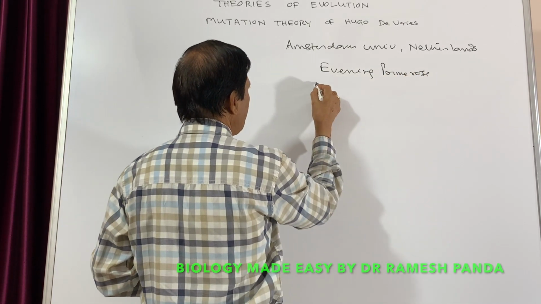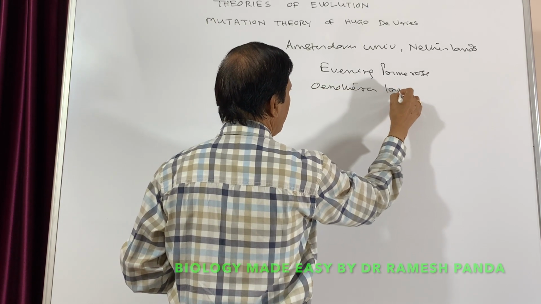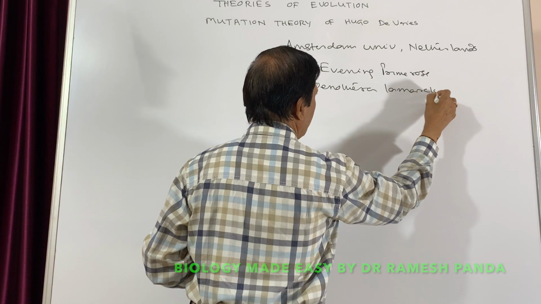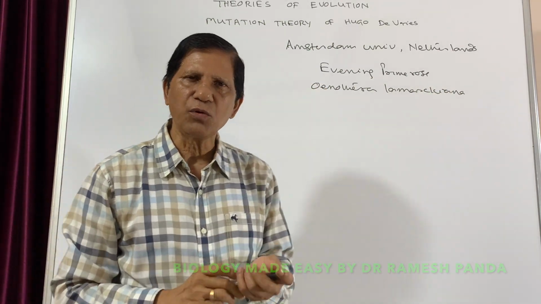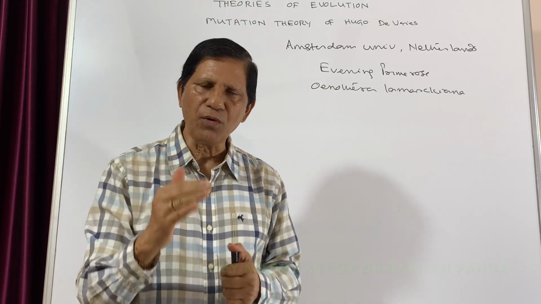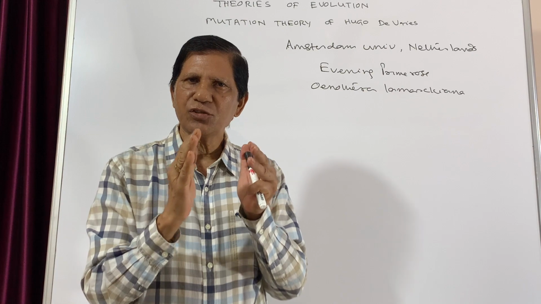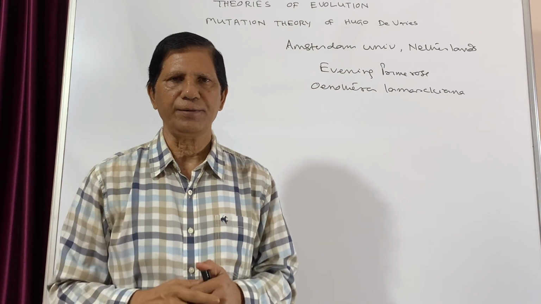The botanical name is Oenothera lamarckiana. This plant was growing wildly outside his garden, and he found that in some plants there are some variations while the other plants are quite normal.